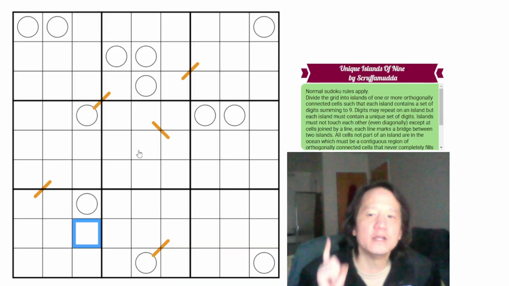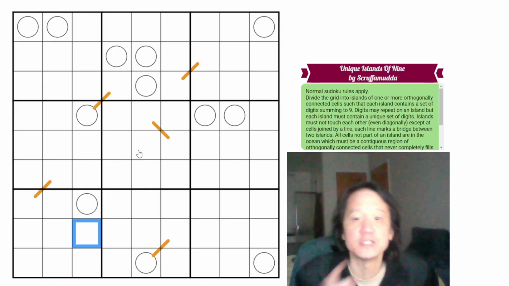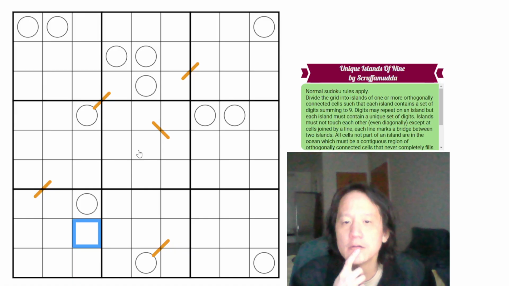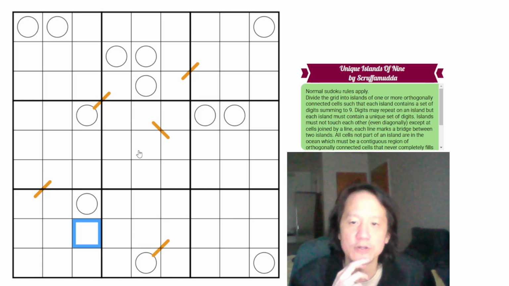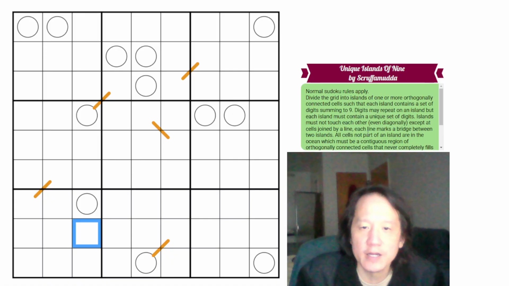Digits may repeat on an island, but each island must contain a unique set of digits. Islands must not touch each other, even diagonally, except at cells joined by a line.